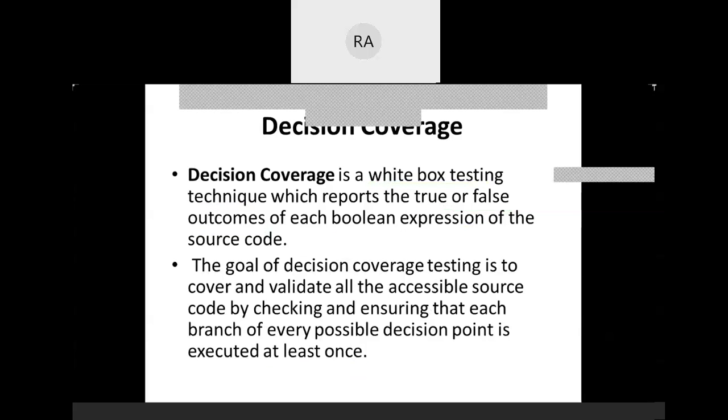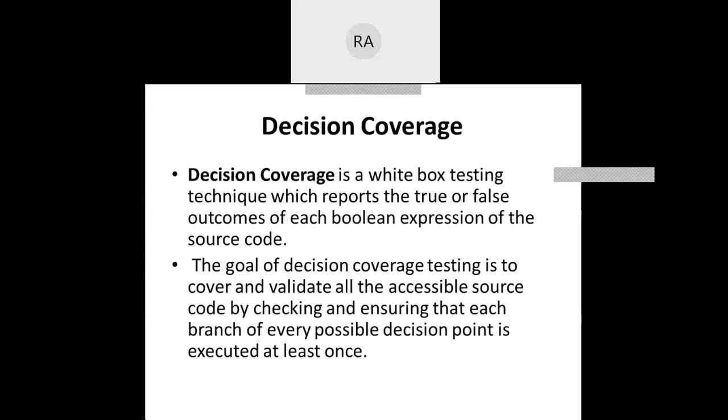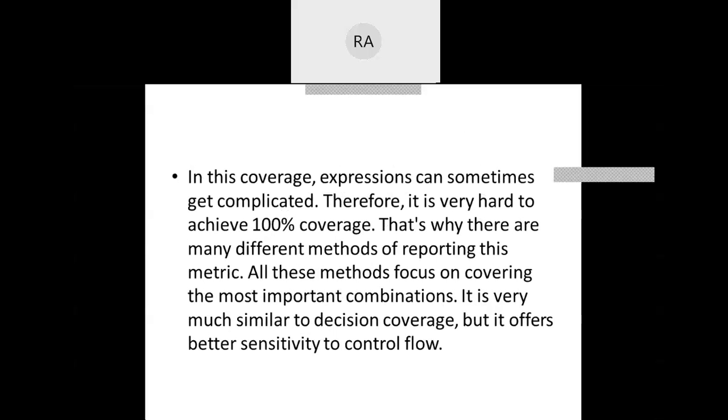In this coverage, expressions can sometimes be very complex, so it is very hard for a tester to achieve 100% decision coverage, because the expressions included in the source code can be very complex.